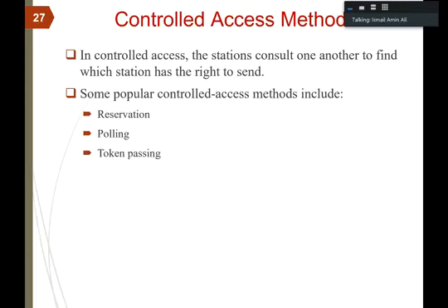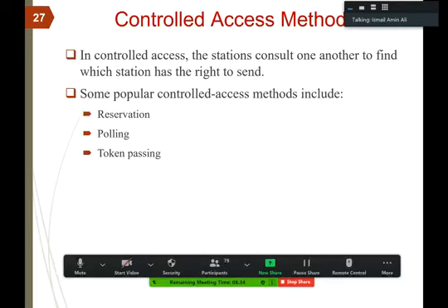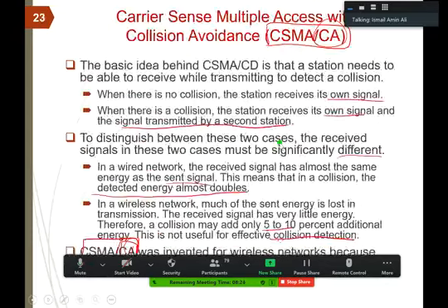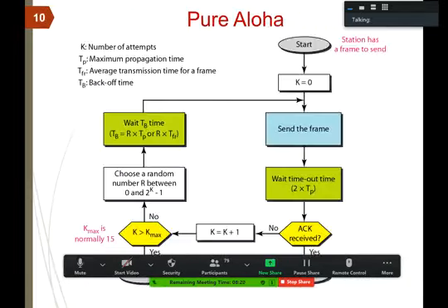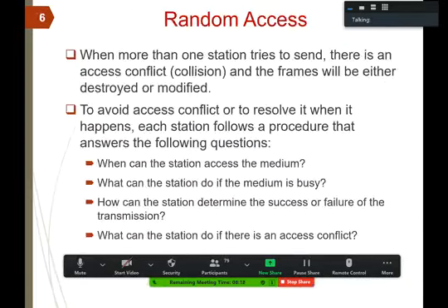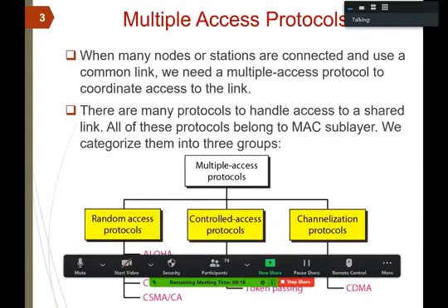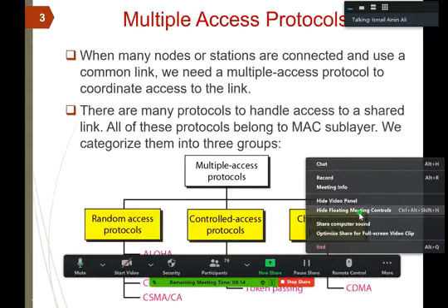So this is about the random access method. If we go to the beginning, we said we have these categories.